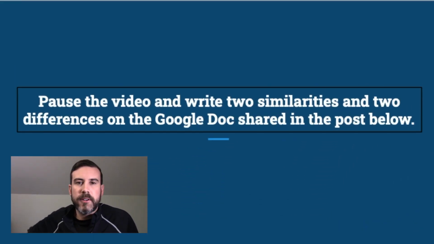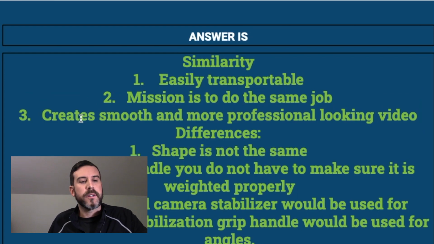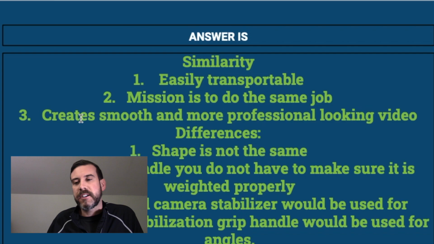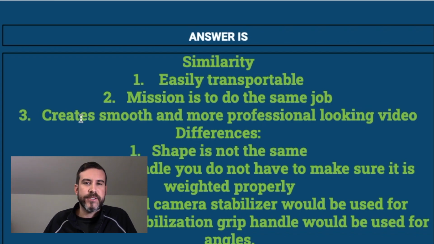All right, so right now you should be back with me. I just asked you to pause the video and write down two similarities and two differences between the two pieces of equipment that I just showed you. So here are some of the answers that I've found. Similarity: both of them are very easily transportable.